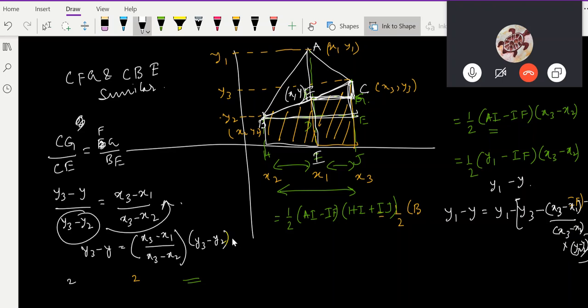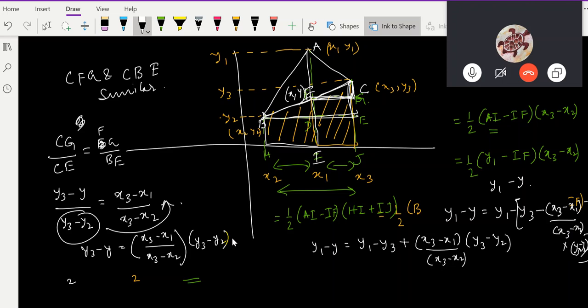So let us simplify this. Y1 minus Y is equal to Y1 minus Y3 plus X3 minus X1 by X3 minus X2 into Y3 minus Y2.